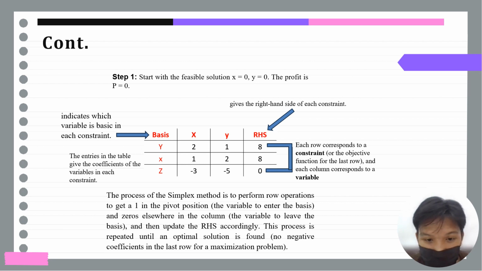The process of the simplex method is to perform row operations to get a 1 in the pivot position, the variable to enter the basis, and zeros elsewhere in the column, the variable to leave the basis, and update the RHS accordingly. This process is repeated until the optimal solution is found, which is when there is no negative coefficient in the last row for a maximization problem.